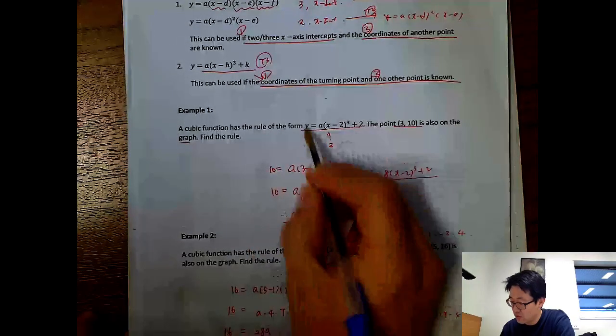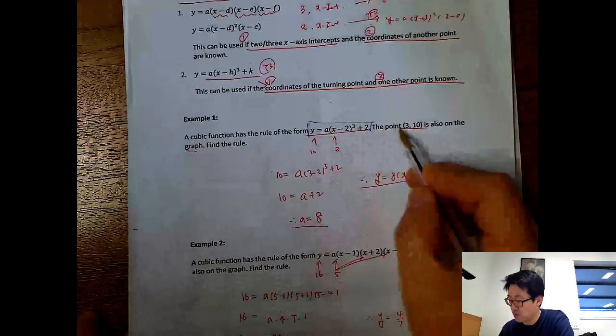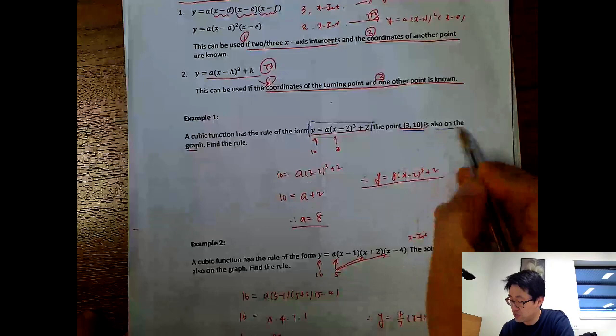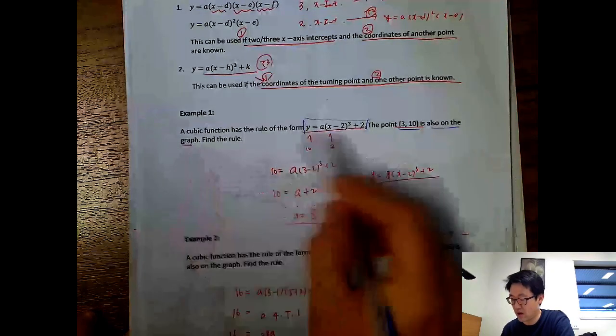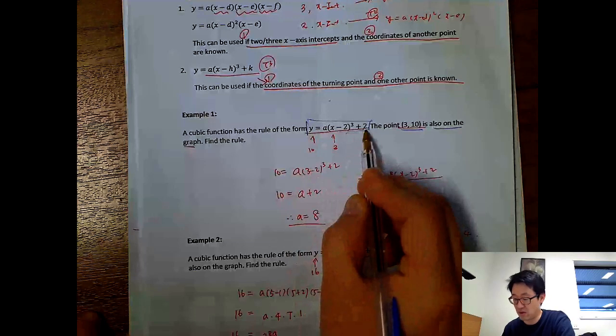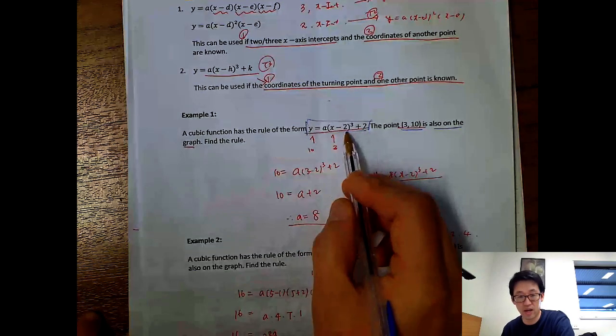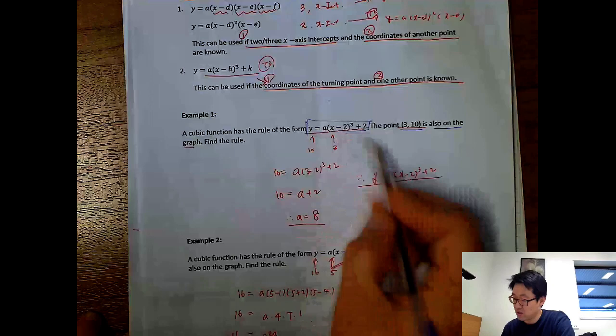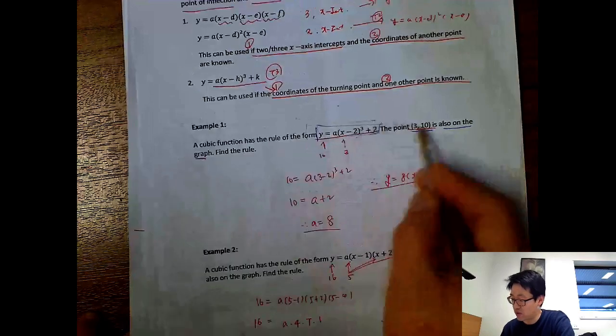A cubic function has the rule, and this point is also on the graph. So I have one piece of information, and second, wow, it's already given. They could give me a different way, like one x-intercept and then given that, but yep, already given.